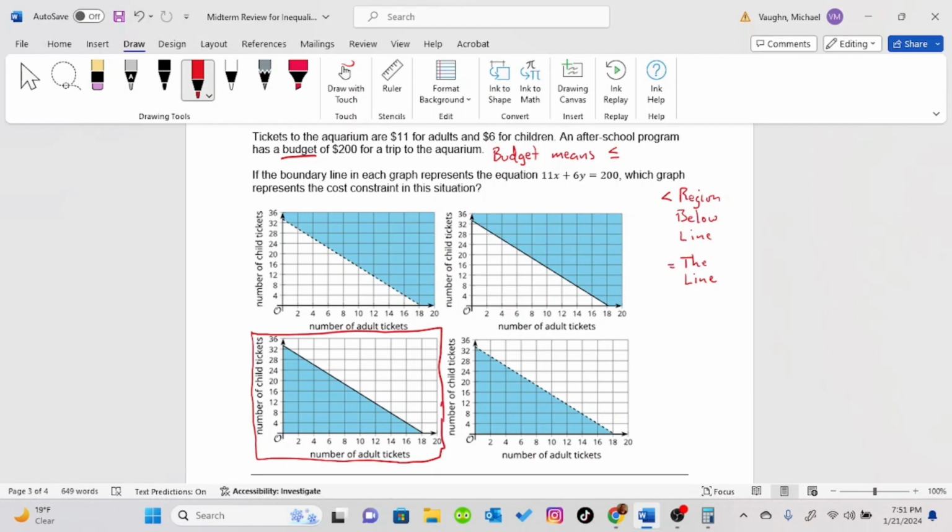The region on the solid line says we spend exactly $200. Both of those options still maintain the $200 budget.